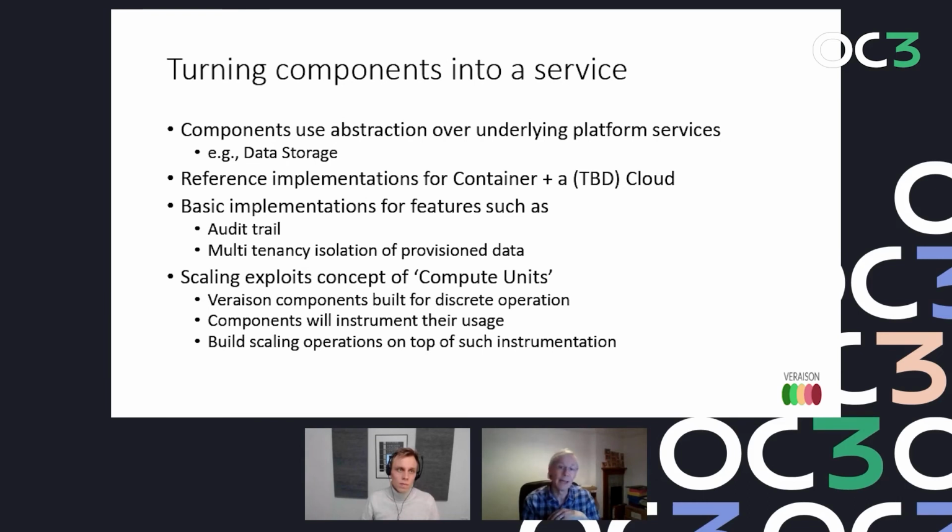And will also include the kind of things you need for a service, like understand the concepts of audit trails and multi-tenancy and stuff like that. The scaling concept within the project is that something like the verification pipeline will exist in something like a compute unit and will have appropriate instrumentation within that unit, and you can then build scale up of that so that you can ask for additional compute if that's the basic level of context.